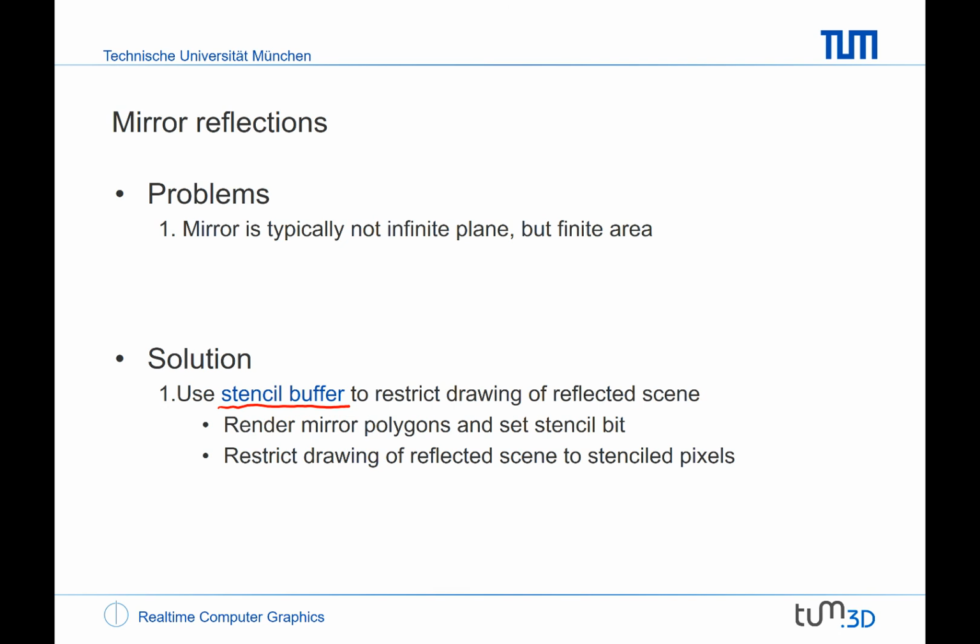We will first render the mirror polygon, and wherever a fragment for that mirror polygon is rendered into a pixel, we will set a so-called stencil bit in the stencil buffer, and then in a second rendering pass we can restrict drawing of the flipped scene to only those pixels where the stencil bit has been set in that first part.